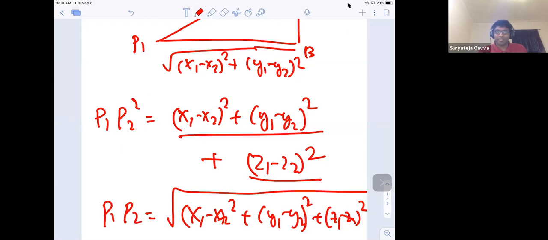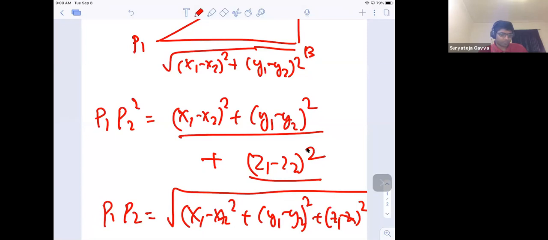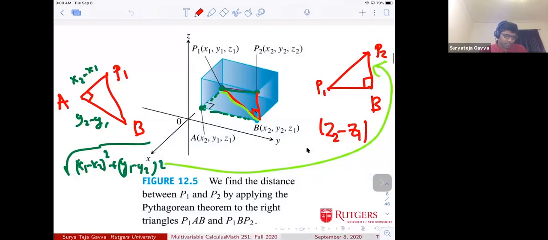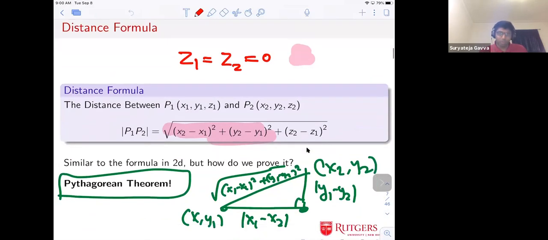Algebraically, there's no difference; you simply generalize to 3 dimensions. Please make sure that you understand the geometry of it, but at the minimum, you should know the formula, how it works and why it works. Why it works comes from geometry, through the Pythagorean theorem. Okay, so I'll move ahead.